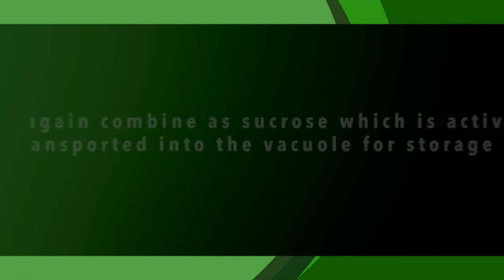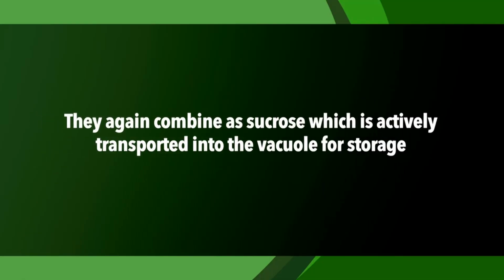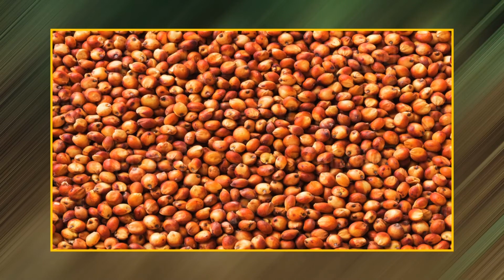Once in the cell, they again combine as sucrose and are actively transported into the vacuole for storage. Hydrolysis of sucrose in the apoplast, perhaps combined with the irreversibility of the acid invertase reaction, serves to maintain the gradient and allows the unloading to continue. This pathway seems to be prominent in seeds of maize, sorghum and pearl millet.